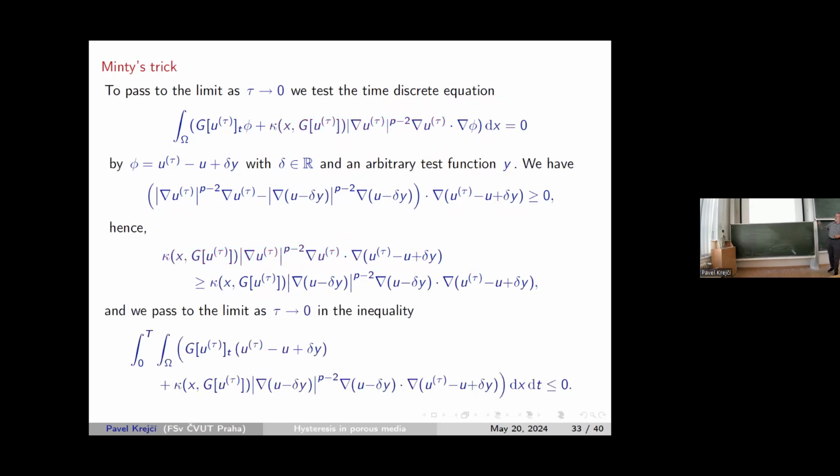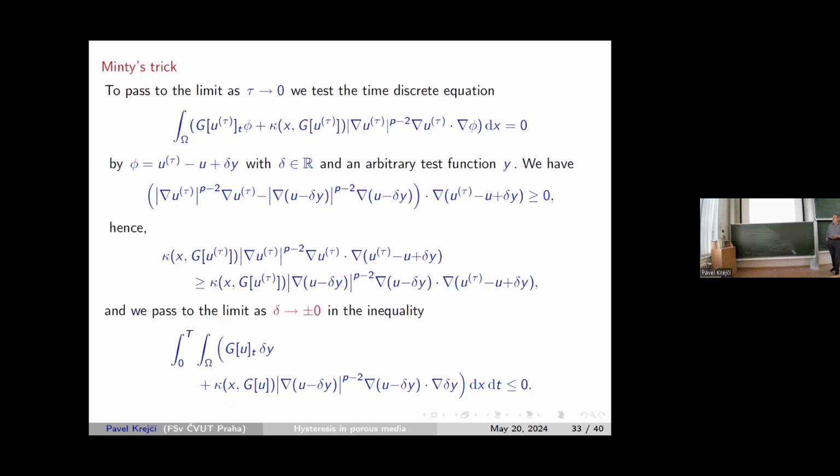And now we can pass to the limit in this inequality because, as I said, ut converges strongly in L1 with values in C0. G of ut converges weakly, but ut minus u converges strongly. Here again, ut converges strongly, gradients of ut minus u converge weakly, so we can pass to the limit.